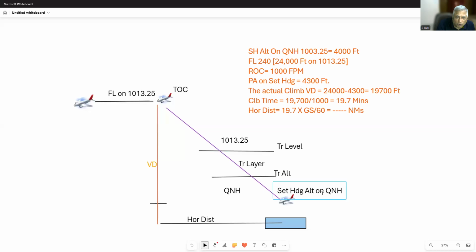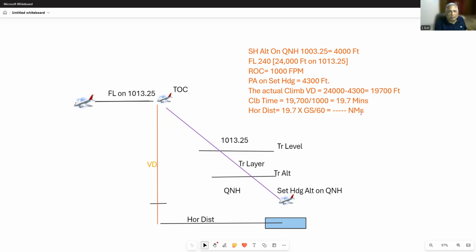Now I've set 1013.25 on QNH. If I set 1013.25, what my altimeter will read is known as pressure altitude. And remember, whenever I increase the datum pressure setting, the altimeter reading will also increase.